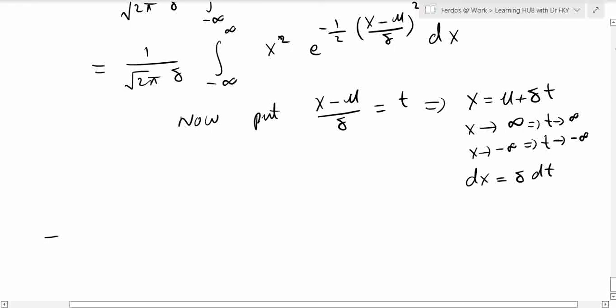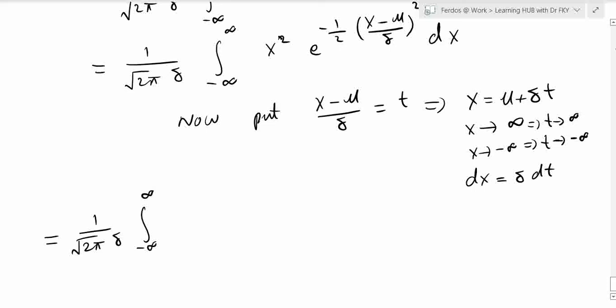Now 1 divided by root 2 pi sigma, minus infinity to infinity, x is equal to mu plus sigma t whole square and e power minus 1 divided by 2 t square, and dx is equal to sigma dt.